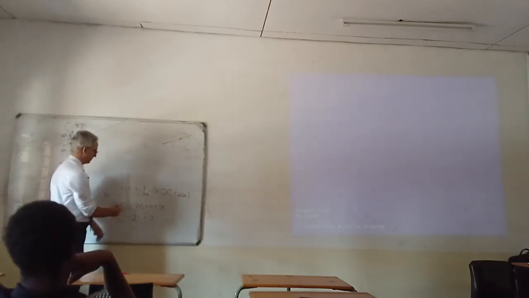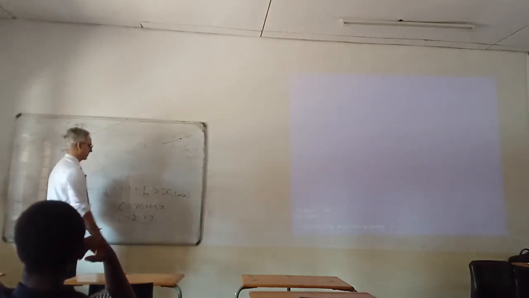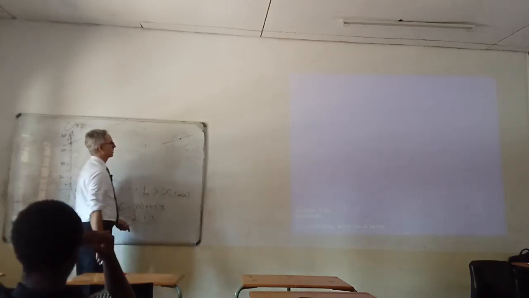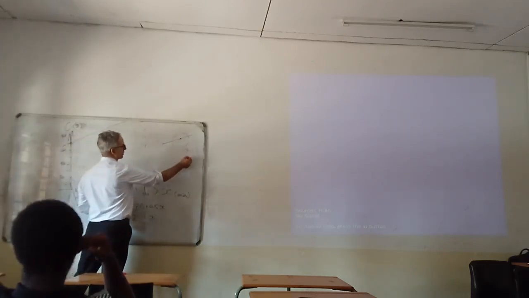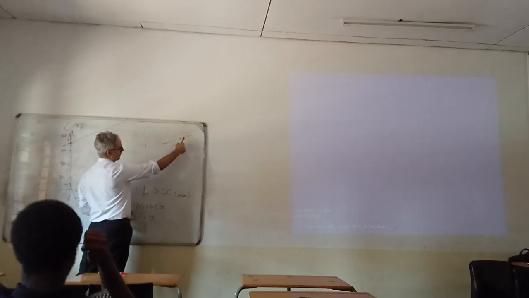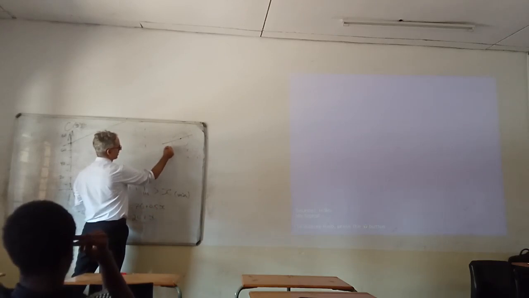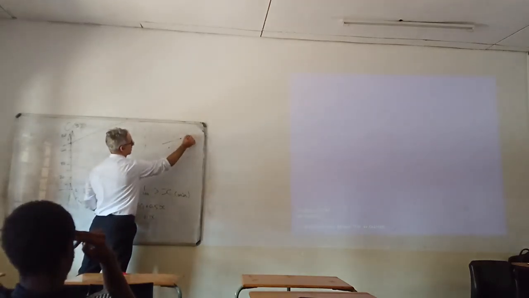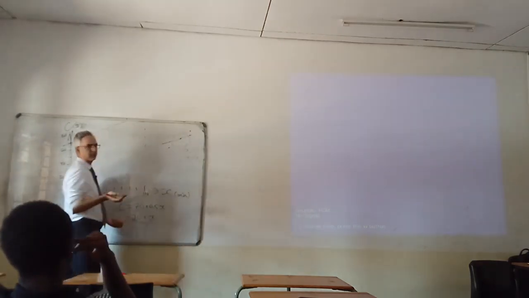XC1 equals XC2, which means for the same number of minutes, at this point where the lines cross, they have the same cost. Anywhere else, if X is here, then the cost of this one is less than the cost of that one, right? That's what it means. If I'm here in X, then this cost is less than that cost. But where the two lines cross, the costs are the same.